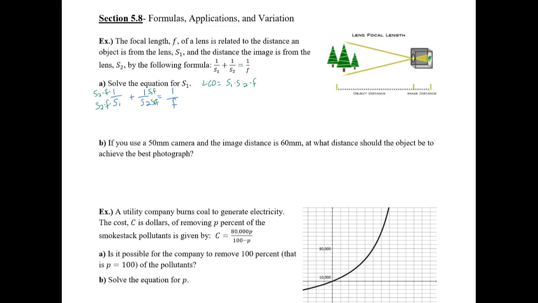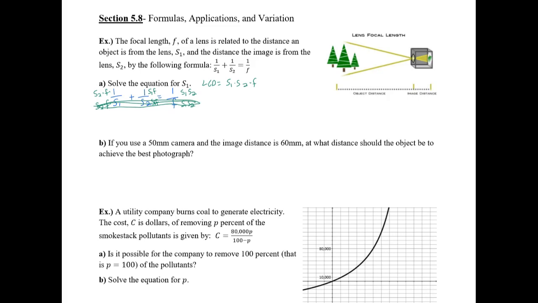And the last denominator has F. It needs S1 and S2. Now that all the denominators have S1, S2, F, we can clear out those fractions by multiplying everything by the LCD.